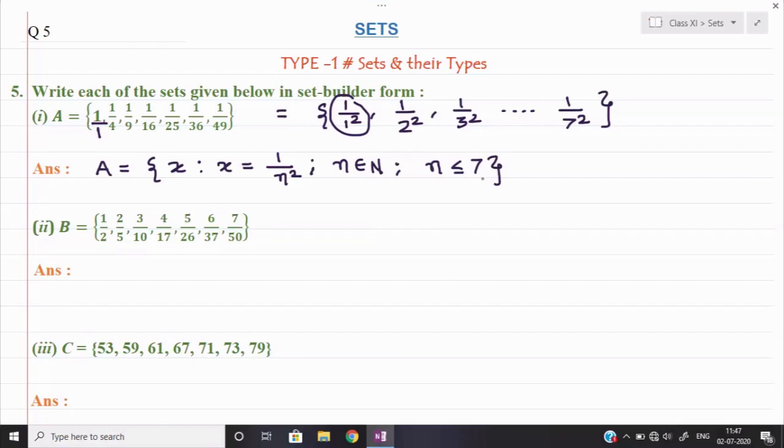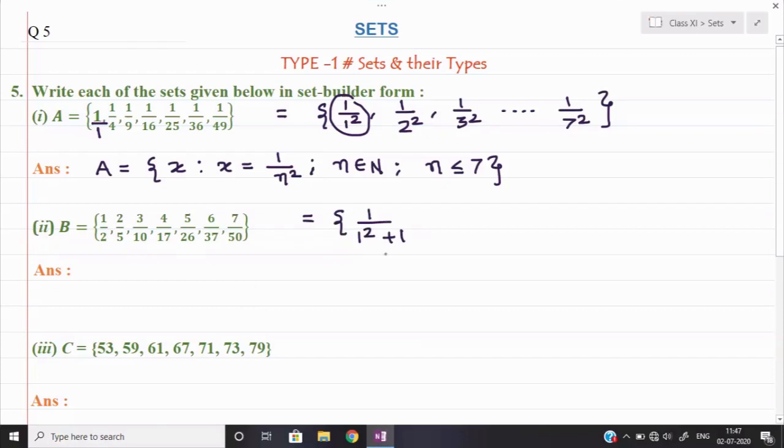Similarly, let us see part B. In part B also we have to list out all the elements. First of all, if I manipulate the given list, 1 upon 2 is my first element here. Can I write 1 upon 2 as 1 upon 1 square plus 1? Definitely yes.